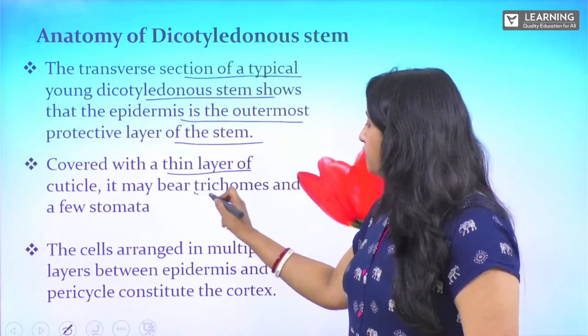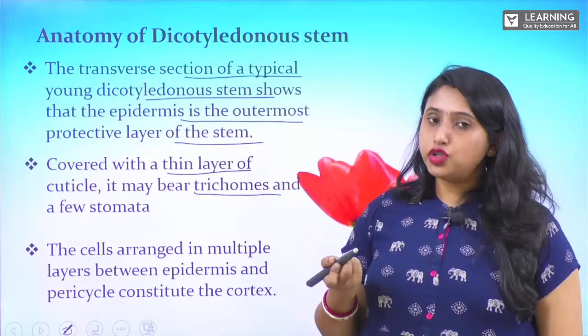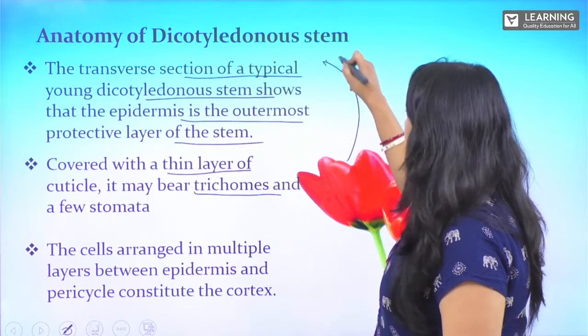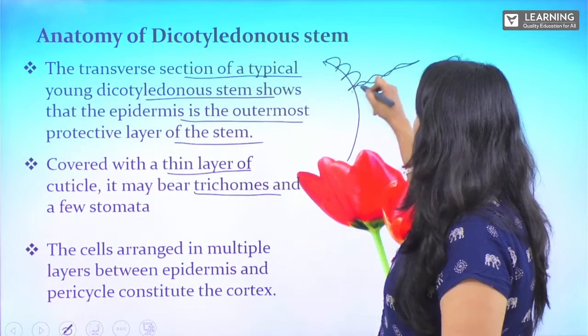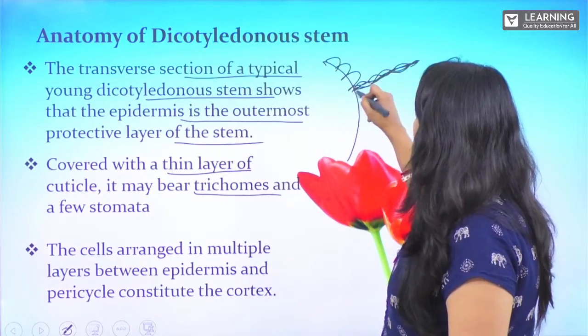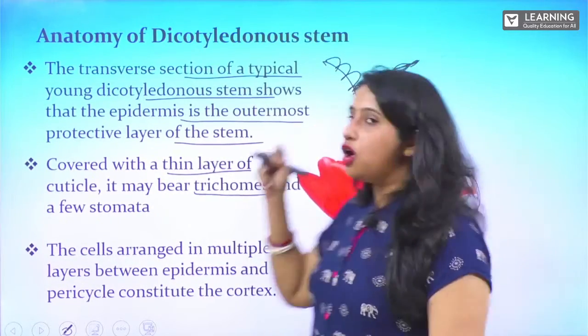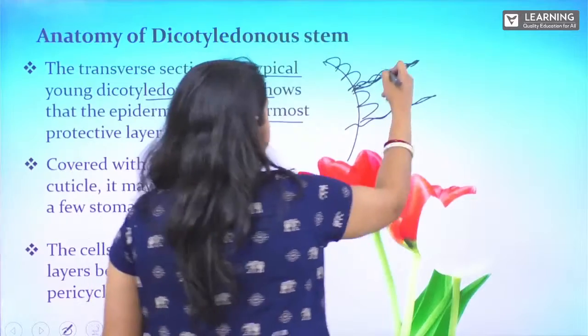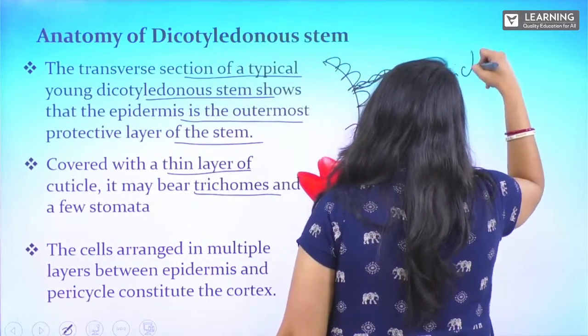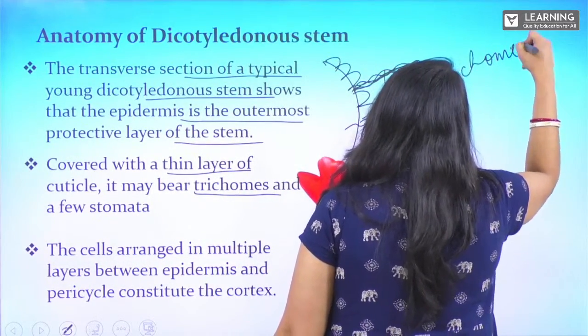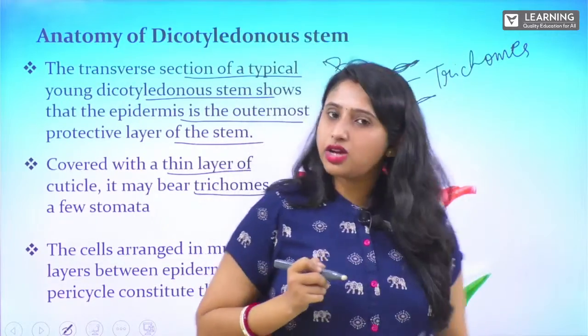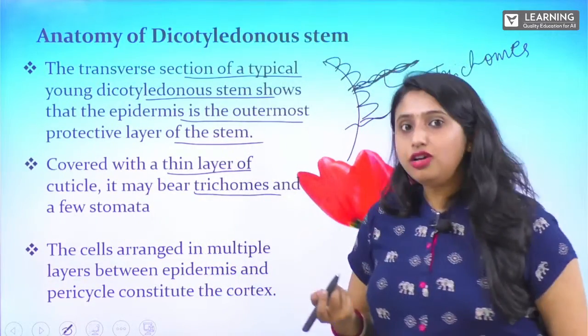It may be bearing trichomes, as I have shown, after the epidermis there are these layers, isn't it? These are nothing but your trichomes or your root hairs, right? They may be bearing trichomes or they may not be bearing them.